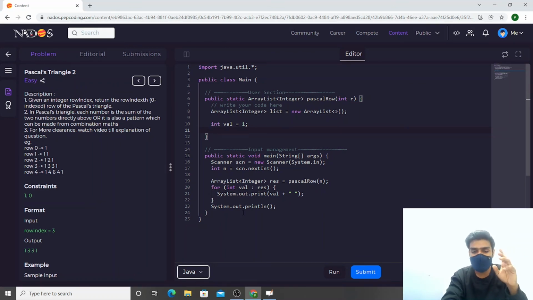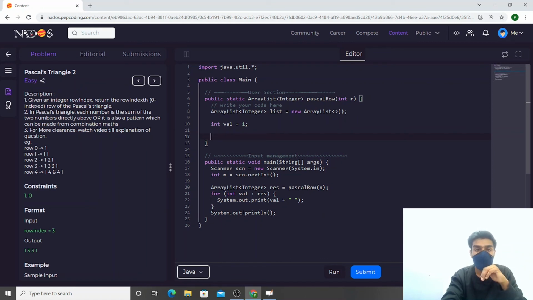So I will start this from int val equals 1. I will initialize it with 1 itself, because I don't want it to take time to calculate nC0 first. So I will give my initialization as 1 only, and I will talk about the further elements.